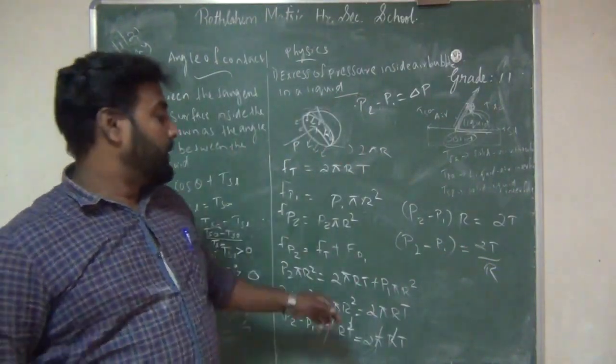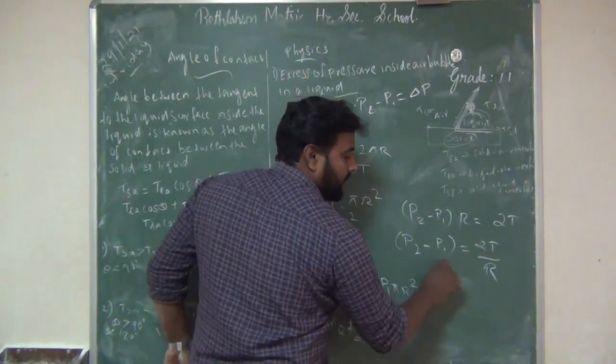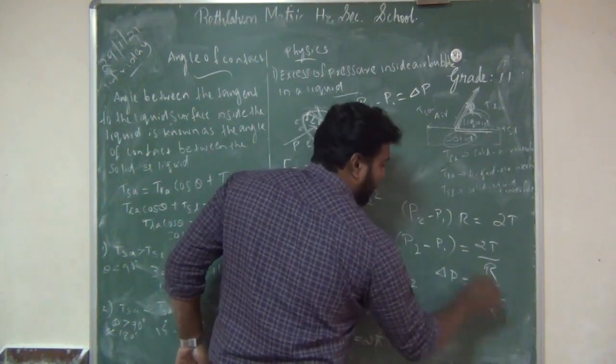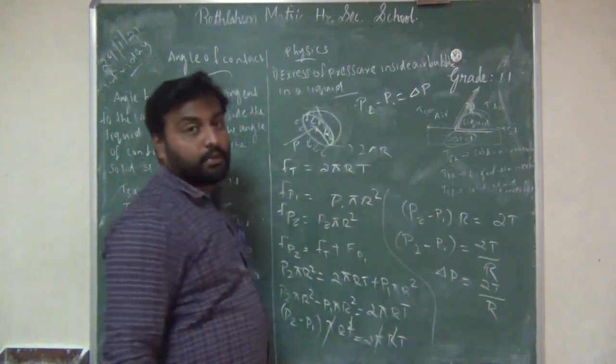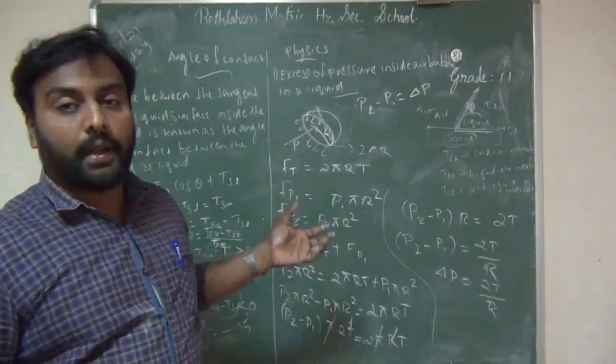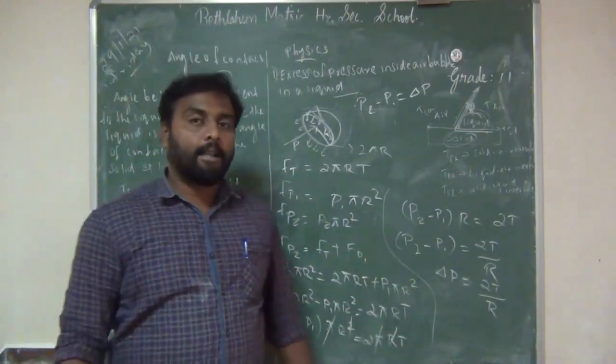So this P2 minus P1 means delta P, the excess pressure, 2T by r. This is the excess pressure inside an air bubble in a liquid, 2T by r.